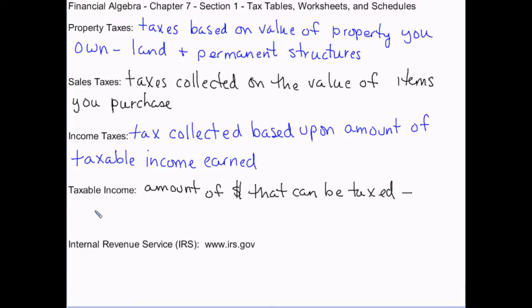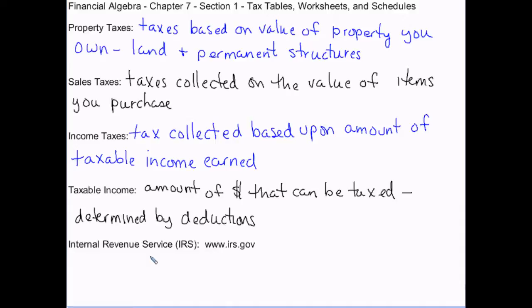Okay, this is determined by deductions. And these can be either pre or post-tax deductions. Pre-tax deductions are things like a retirement fund that you're putting money directly out of your paycheck into. The money comes out of your paycheck, goes into the retirement account, and then they calculate the tax on the money that's left over.